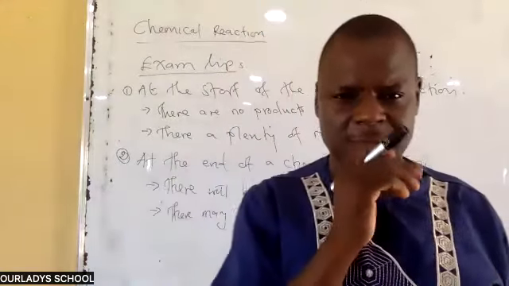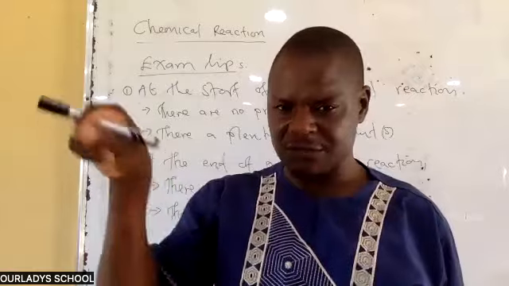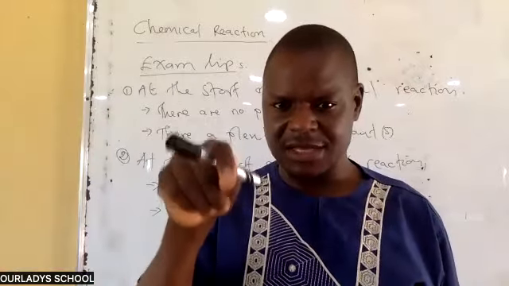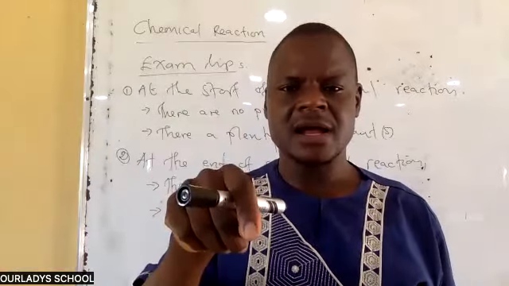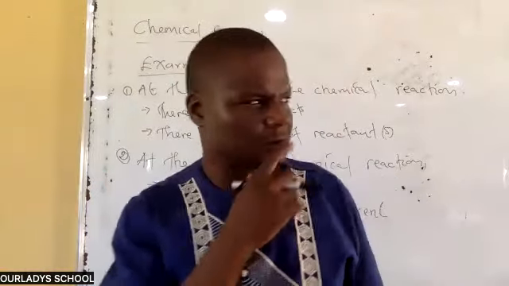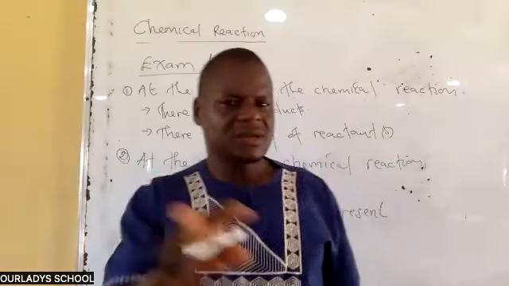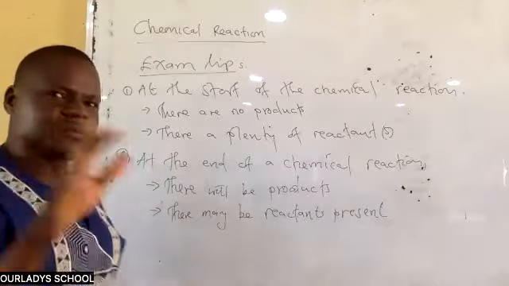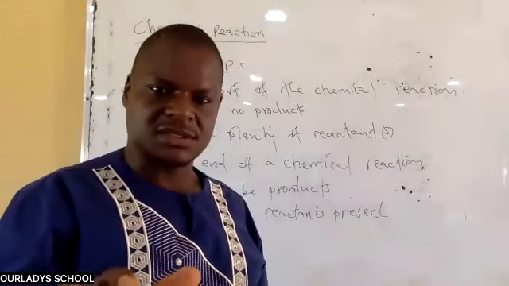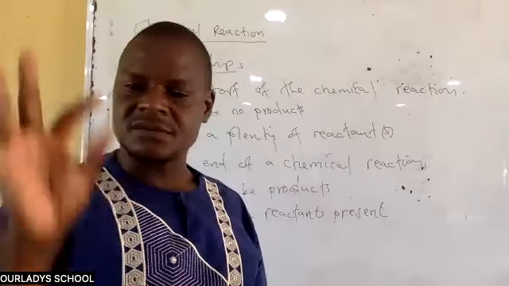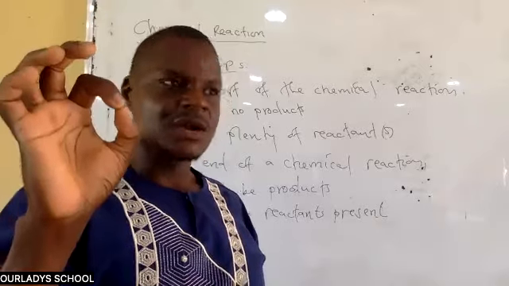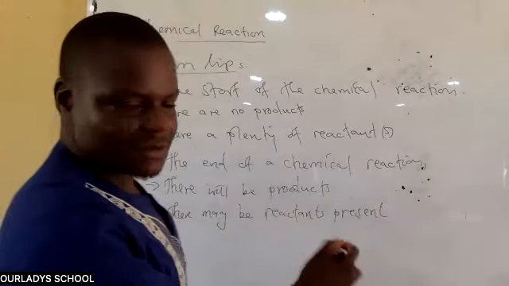How truthful can it be? At the end of a chemical reaction, we are saying that there are reactants also. Let me give you this example. We are trying to make scones.